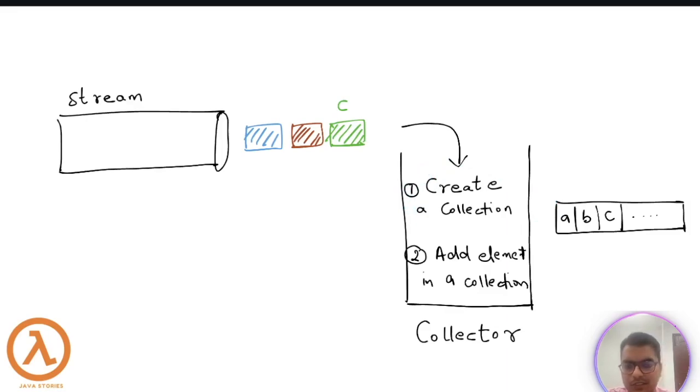The first parameter of the collector APIs is the supplier, and any collection we could provide. Then what's the second step we need to do? We need to add these stream elements ABC into this collection. So this is how the collector APIs work: create a collection, then add those elements to the collection.